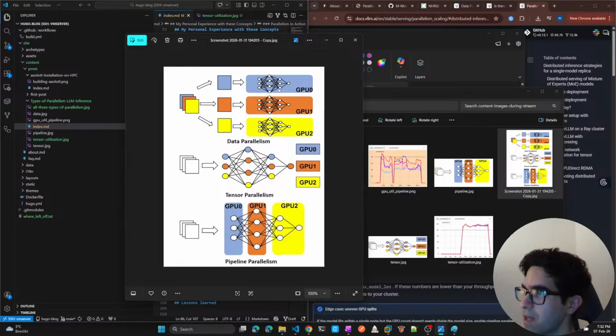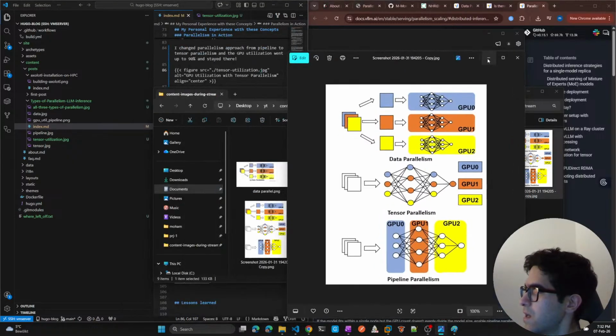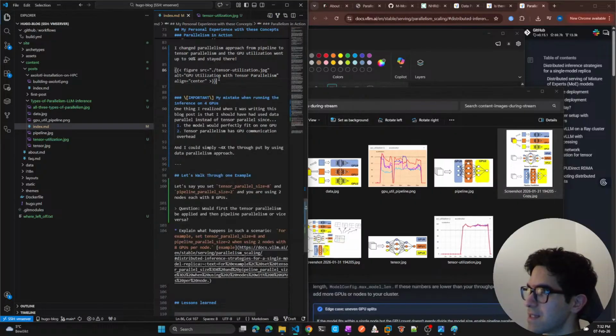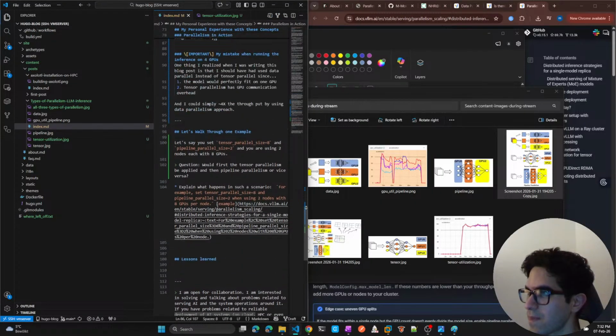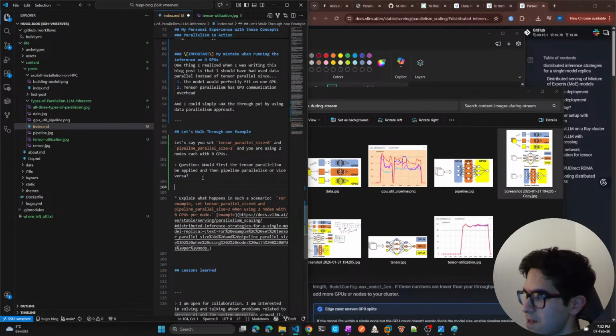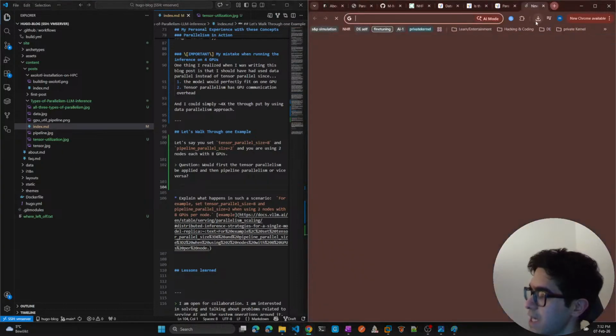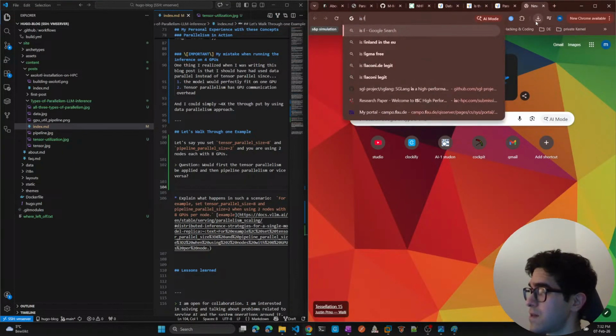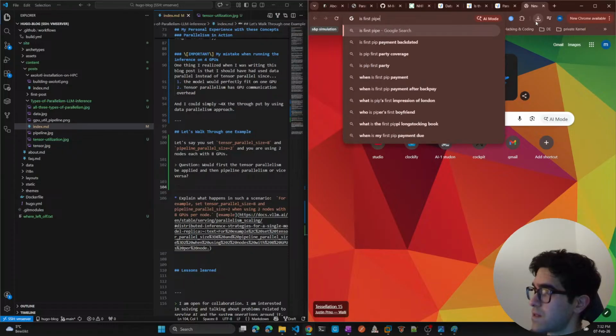I don't know if I could explain it properly, but I believe that first the pipeline parallelism is done. You can also double check. First pipeline.